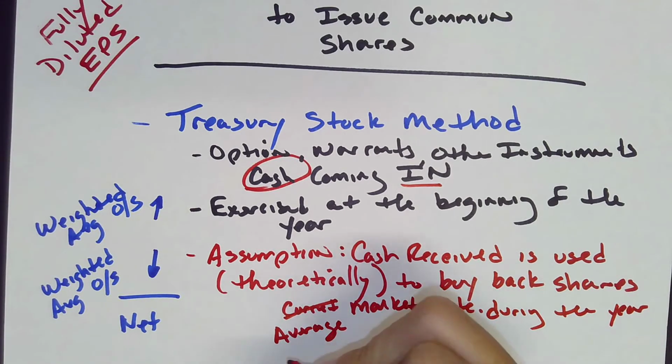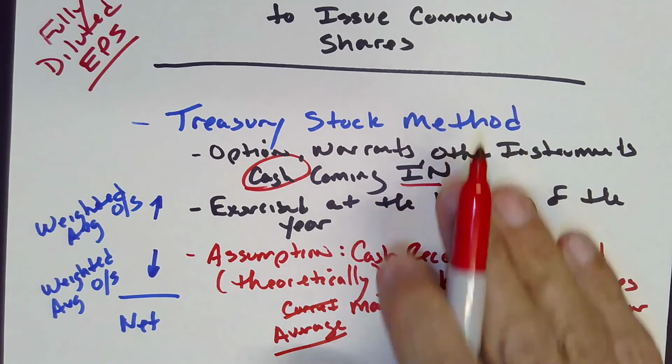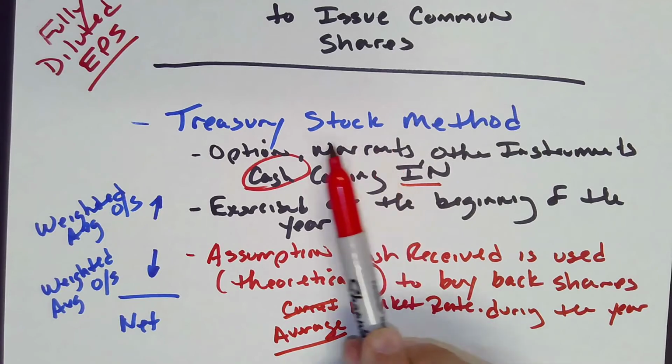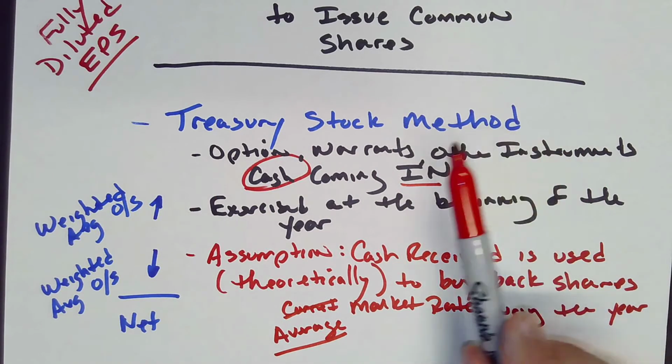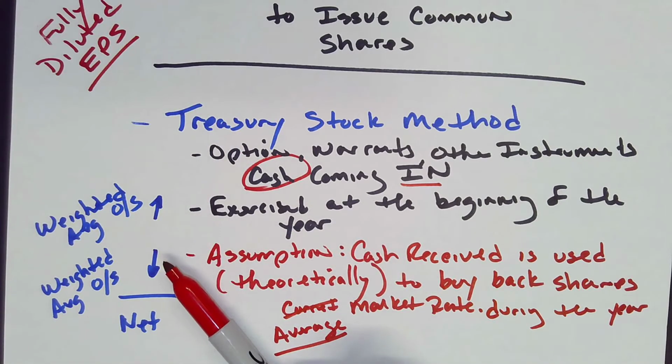Okay, so it's the average market price. We know how much cash we're going to get in because the exercise prices on this are stated in the contract. So we know how much cash we're going to get in. Therefore, we know how many shares will go up. And we also know, roughly, given the current market rate, how many shares we'll buy back.